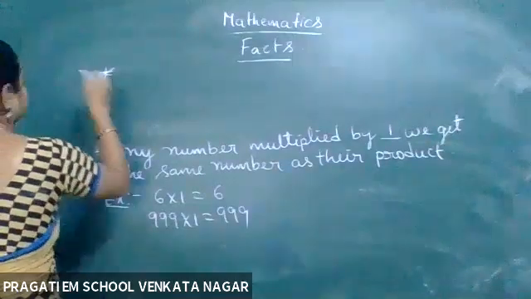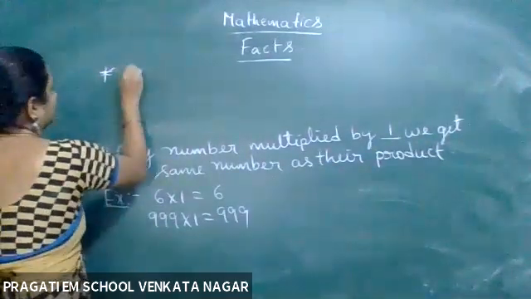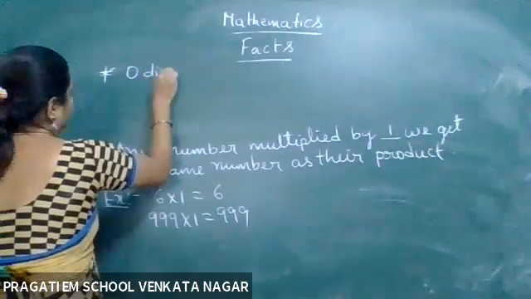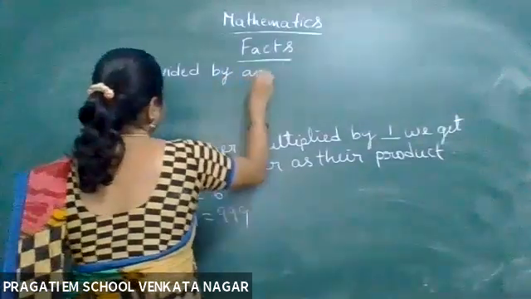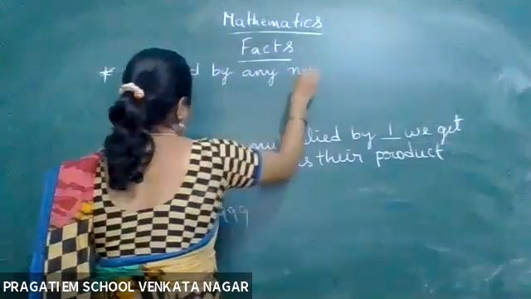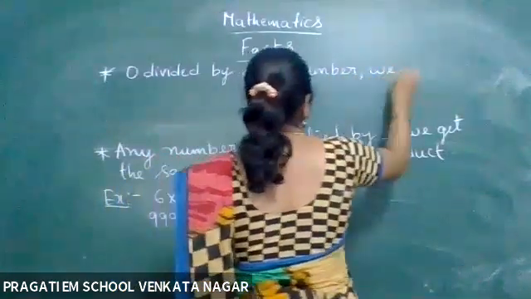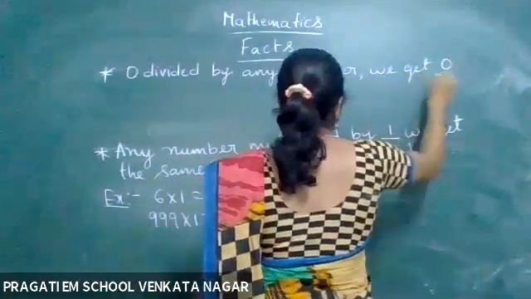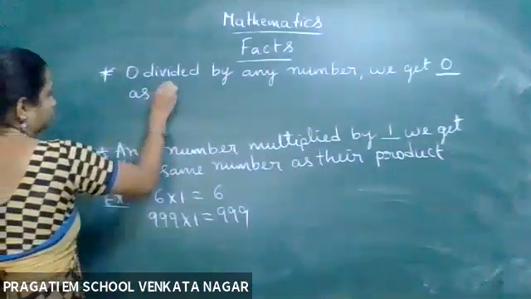Next. Zero divided by any number, we get 0 as its quotient.